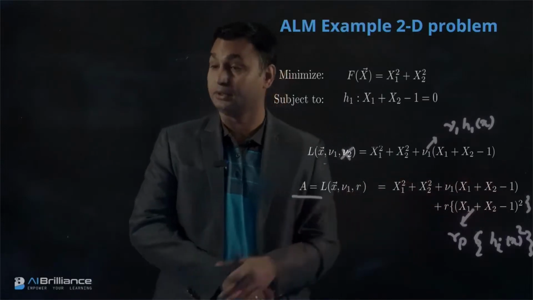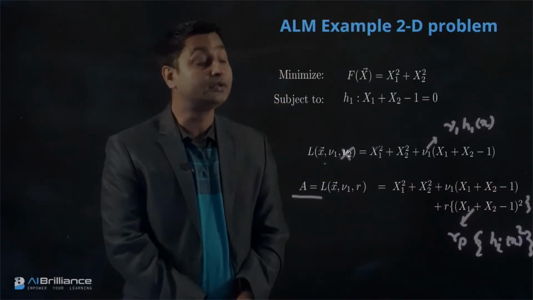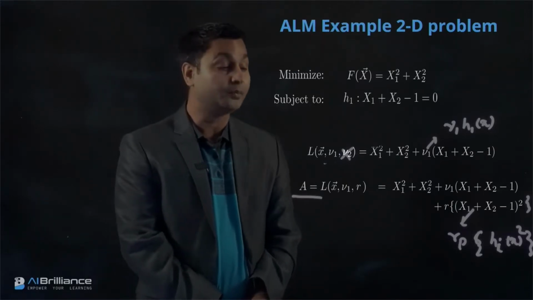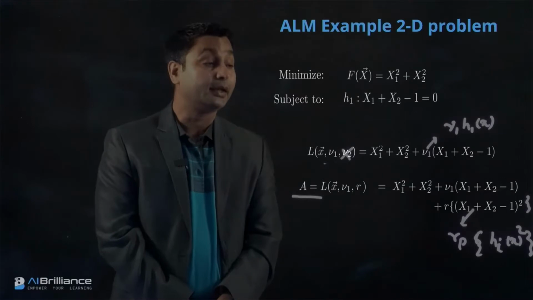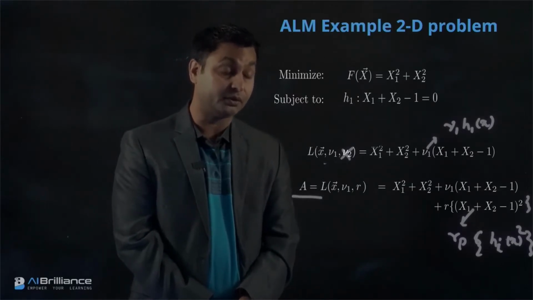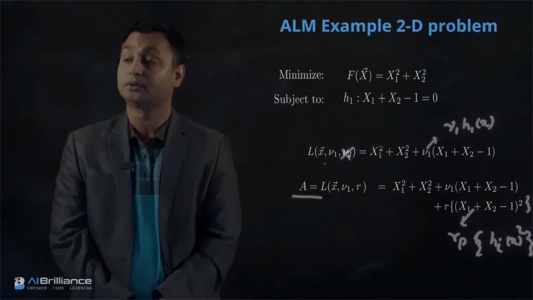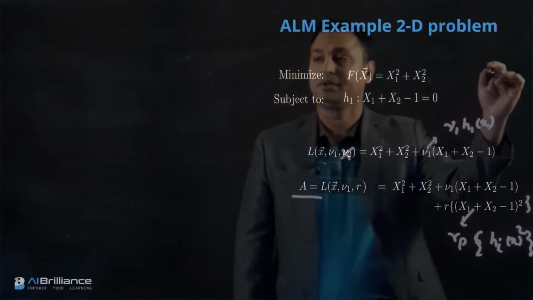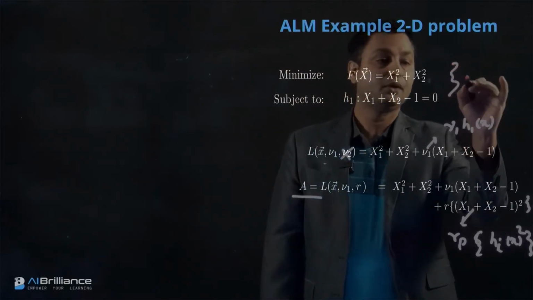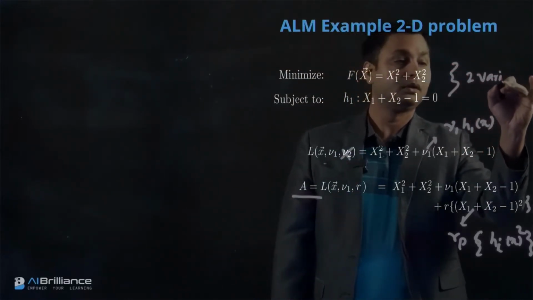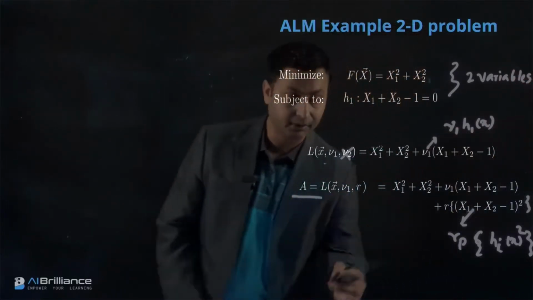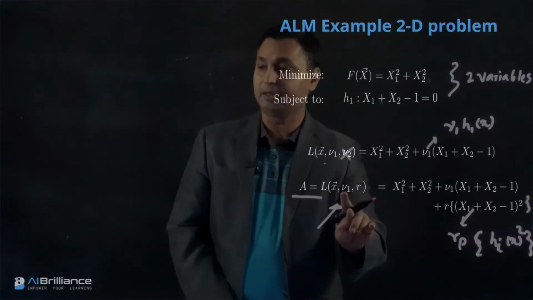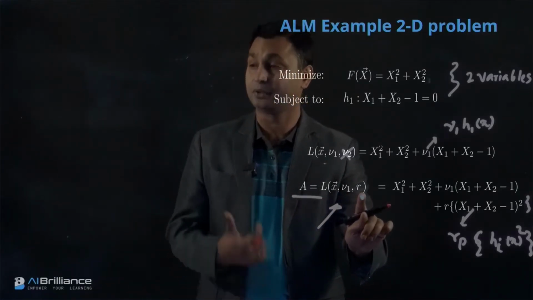Now we take this term and use it as an objective function in an optimization problem, and on top of this we can use any of the algorithms that we have discussed previously, which are the steepest descent method and Newton's method, to solve it. One thing I want you to notice is that in the original optimization problem, we have two variables, x1 and x2. But in the augmented Lagrangian, since we had one equality constraint, we added nu1, and we also added r because we have only one.